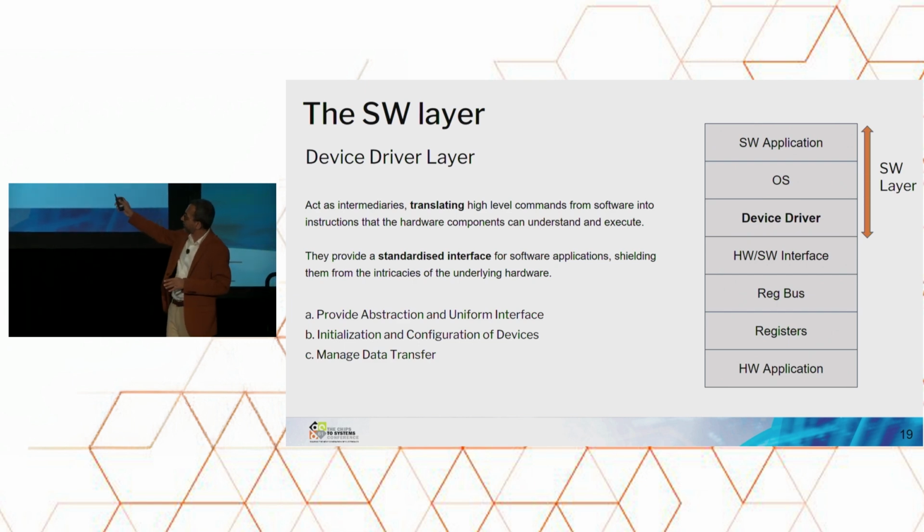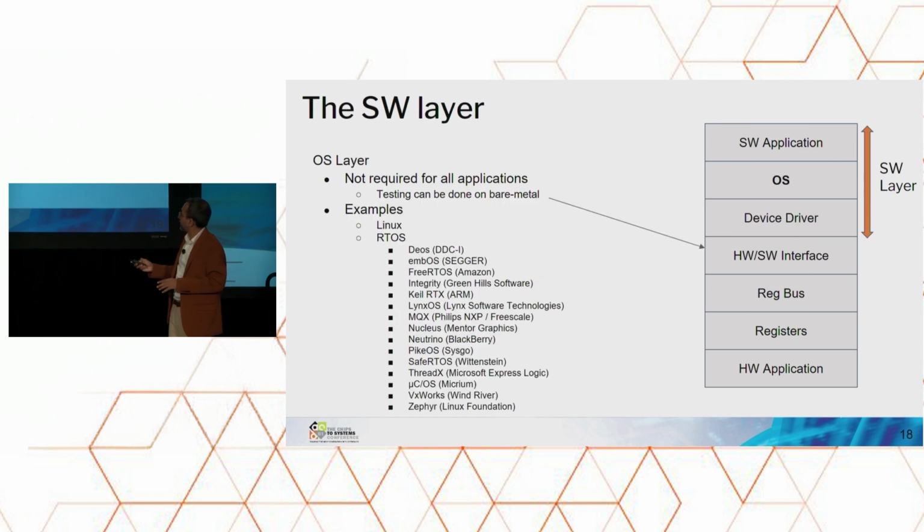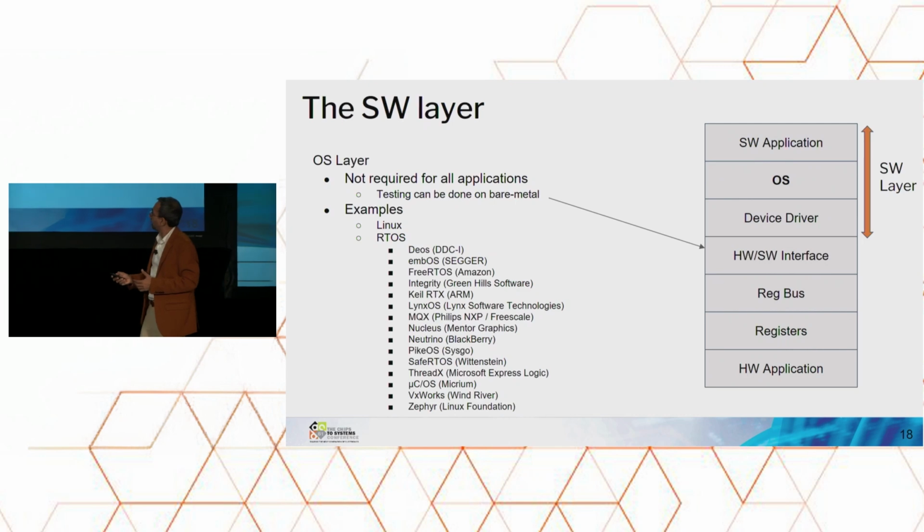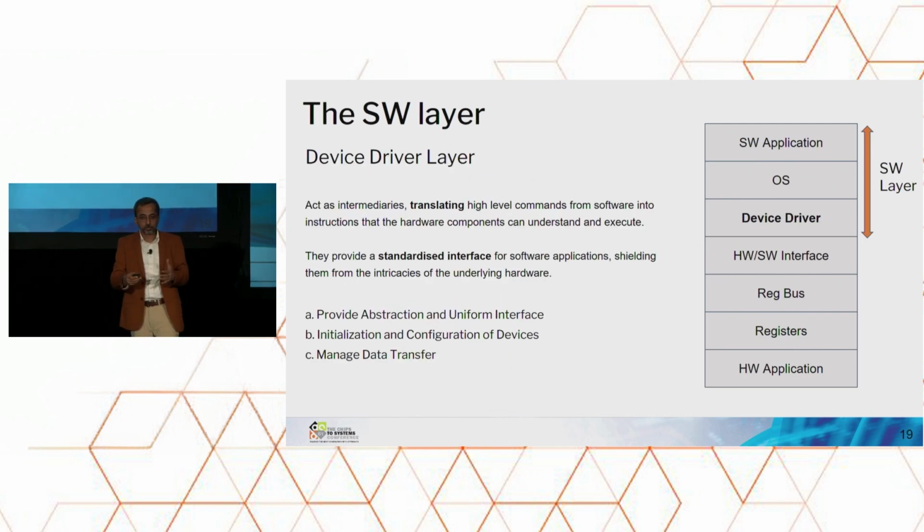The way it shields them is that if you describe these sequences, the software people don't have to see them. They just call a function, and they don't have to look at all the gory details of the registers and other stuff there. So it provides an abstraction and uniform interface, initialization and configuration of devices, and manages the transfer.